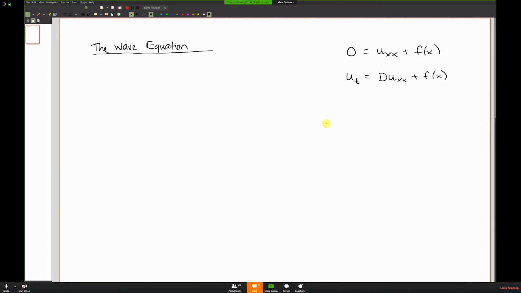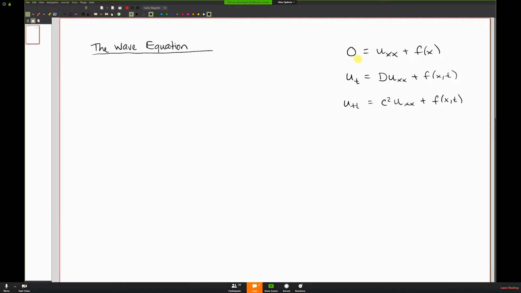And today, we're going to study a different type of problem, and lo and behold, we're going to get something that is quite similar, but it's going to have a second time derivative out front. To be precise, these forcing functions can now depend on x and time. We're going to get a second time derivative out front instead of a first time derivative, and the resulting equation is going to be called the wave equation.